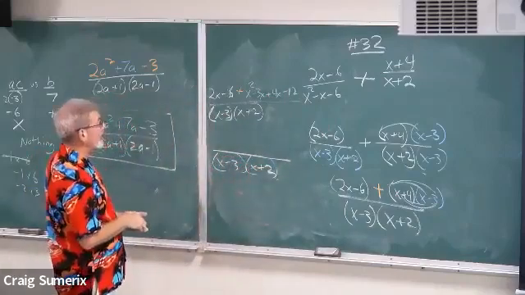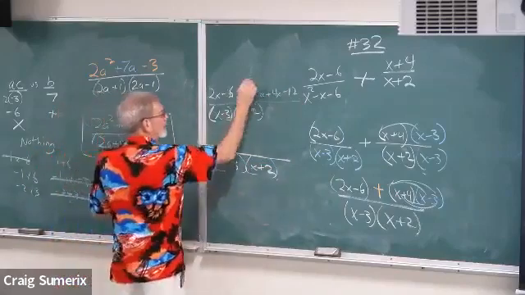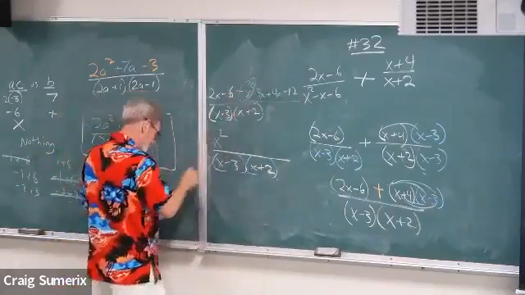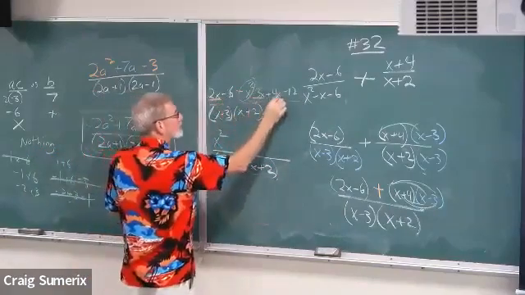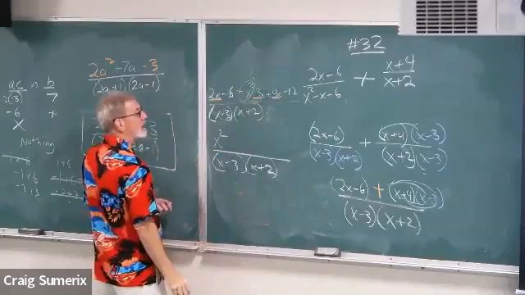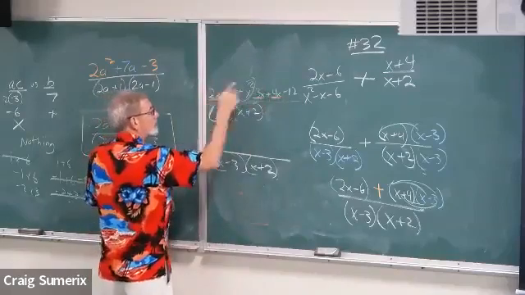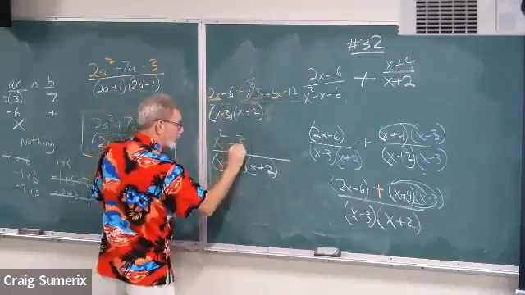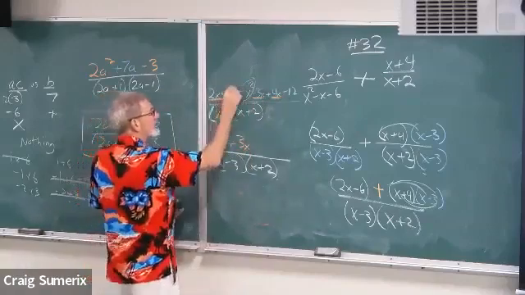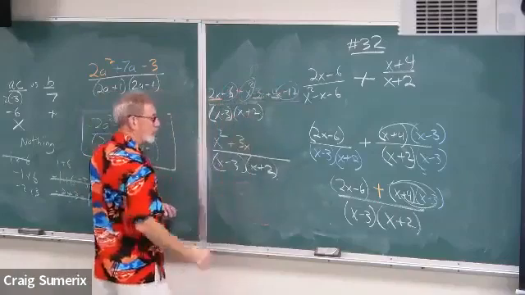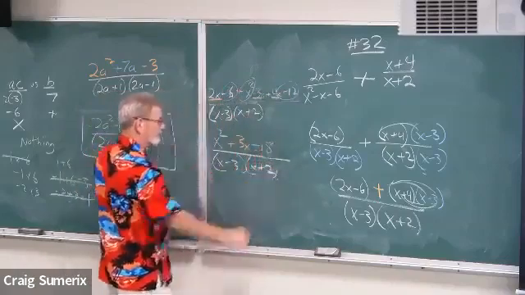Well, let's see if I combine my like terms. That'll be x squared. I got 2x minus 3x plus 4x, which would be 3x. And I got negative 6 and negative 12, which is negative 18.